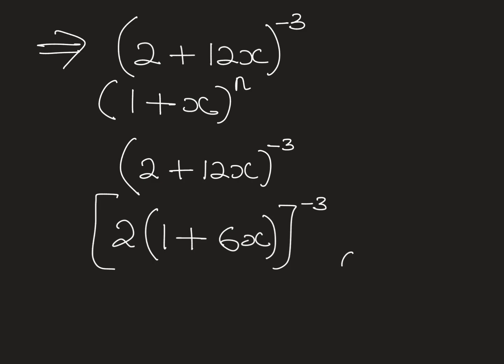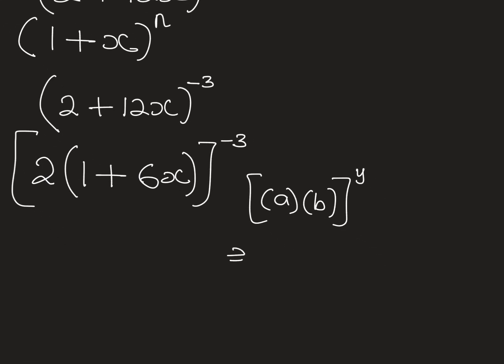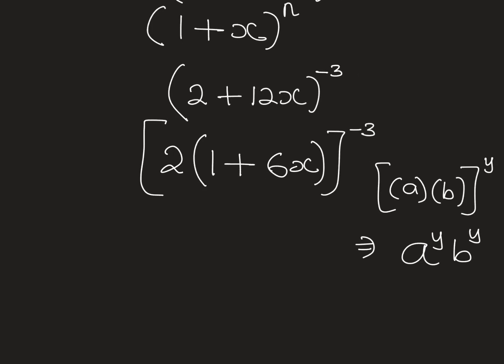If you have, let's say, a into b all to the power, let's say, power y, that is the same as a to the power y, b to the power y. So if we should apply the same principle for this given expression, we're going to have 2 to the power minus 3 into 1 plus 6x to the power minus 3.